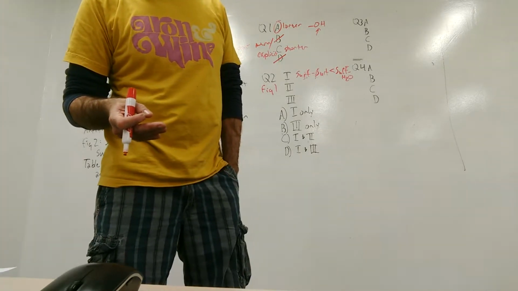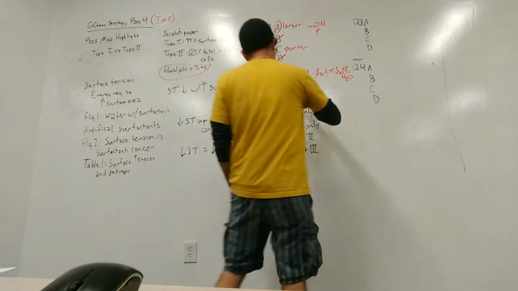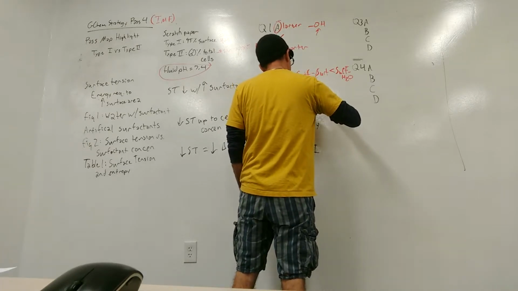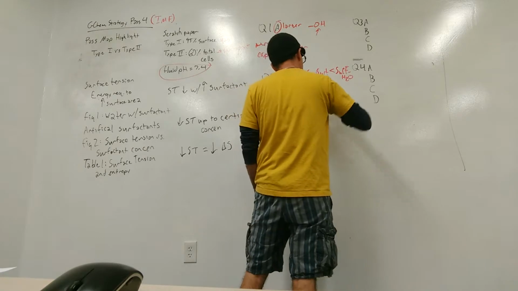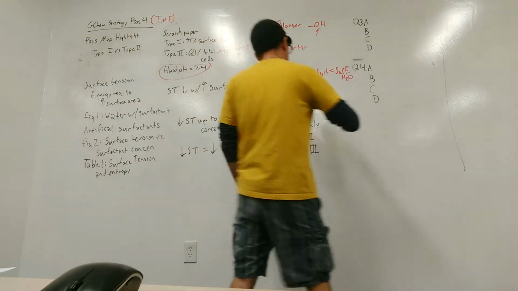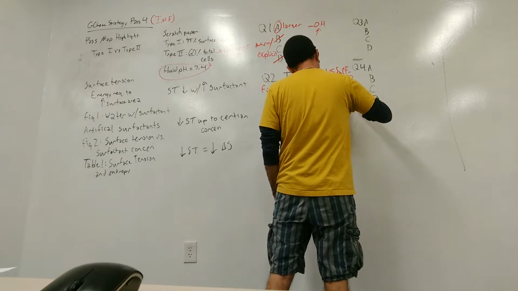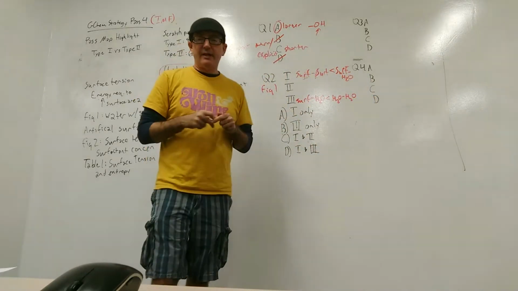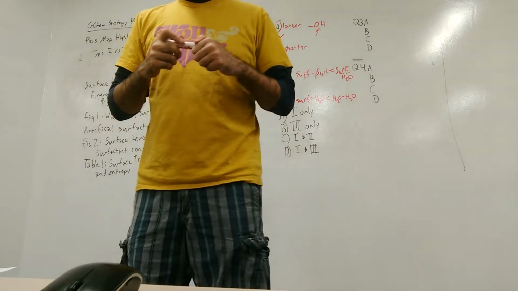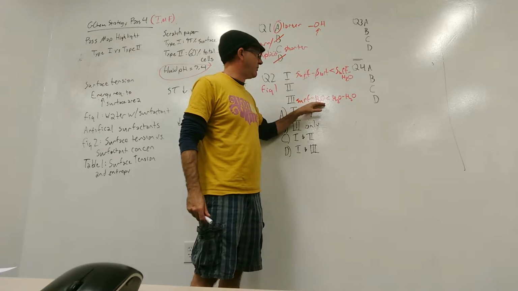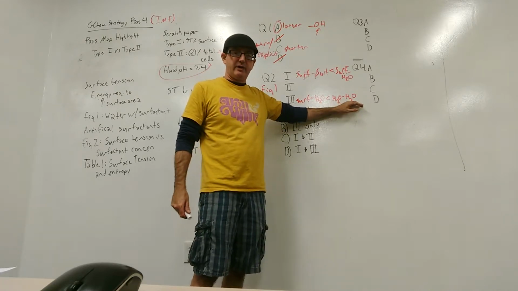Surfactant water, weaker than water. So they're saying surfactant with water is going to be less than water, H2O interacting with H2O. Now, if we accept 3 to be true, what they're saying here is that the interactions between the surfactant and water is less than the water-water interactions, right?